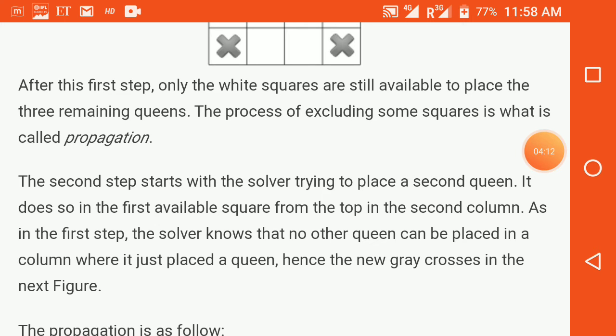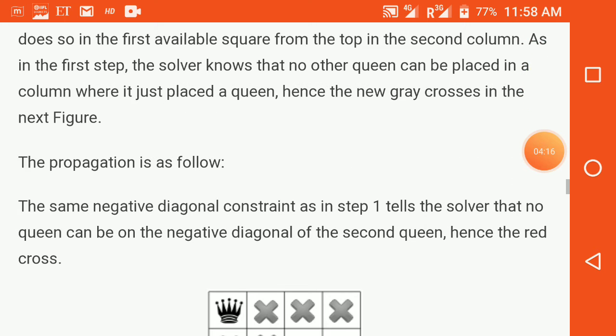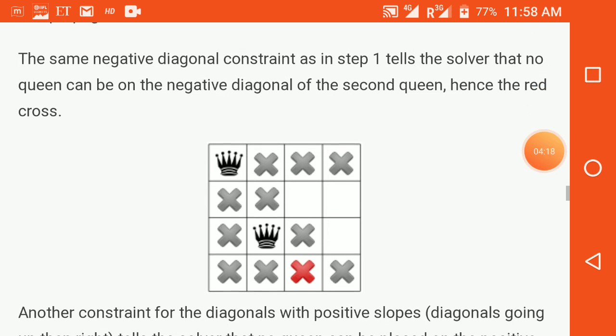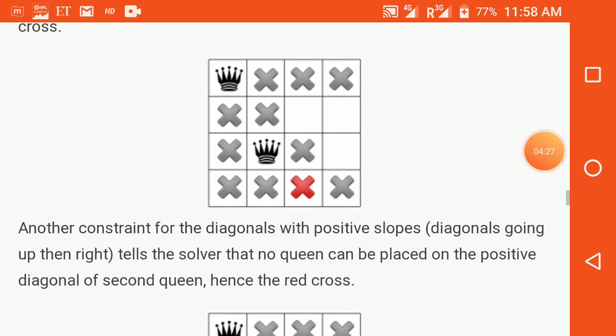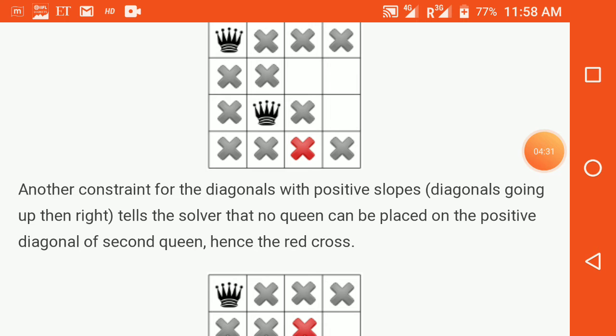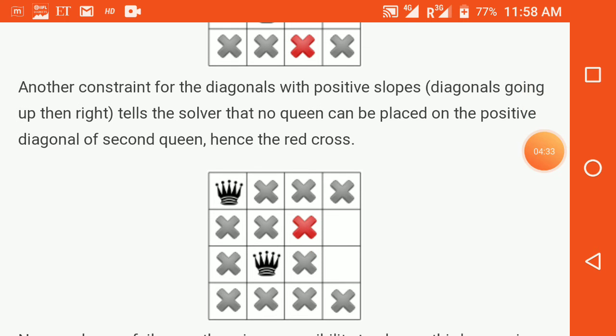Hence new gray crosses in the next figure. The propagation is shown below. Here you are placing the second queen, and the diagonal of the second queen is marked with red crosses. Another constraint for the diagonal is the positive slope, the right diagonal, which we mark as red crosses.